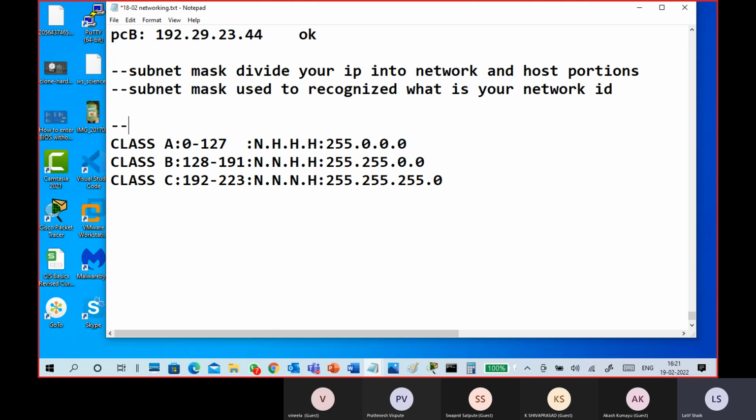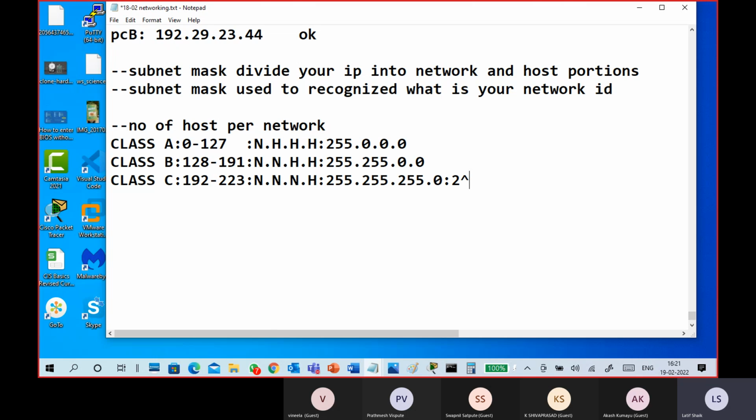Number of hosts. Host means devices you're able to connect. Number of hosts per network, that is the value I'm trying to put here.